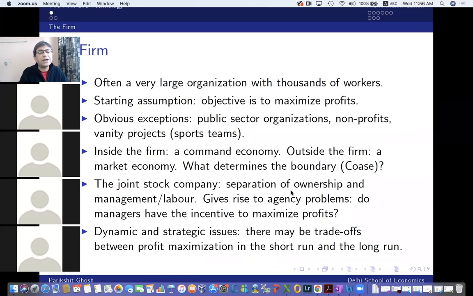Often it would be a privately held proprietorship. So for example, take a little grocery store where the owner is there and maybe has a hired employee. So it's largely managed and even serviced by the owner of the firm.